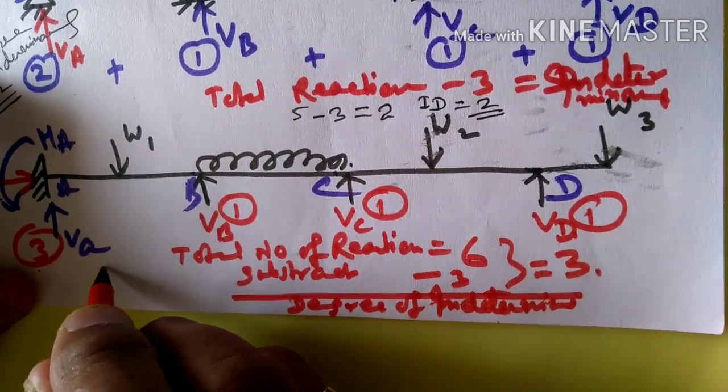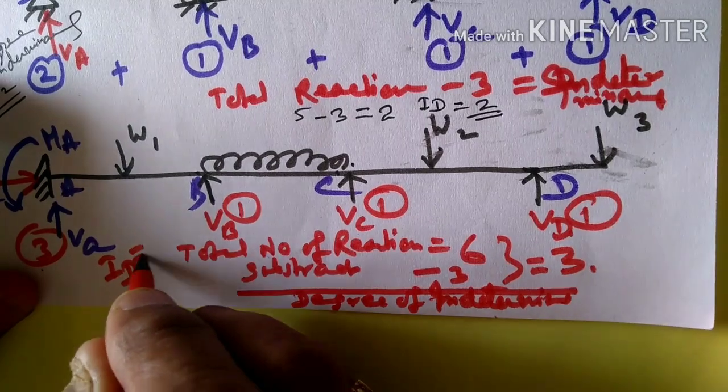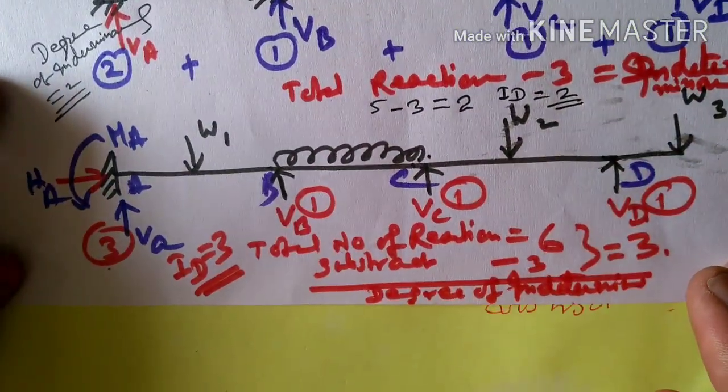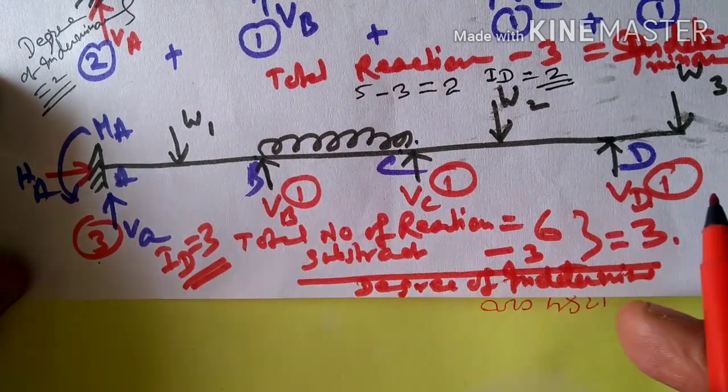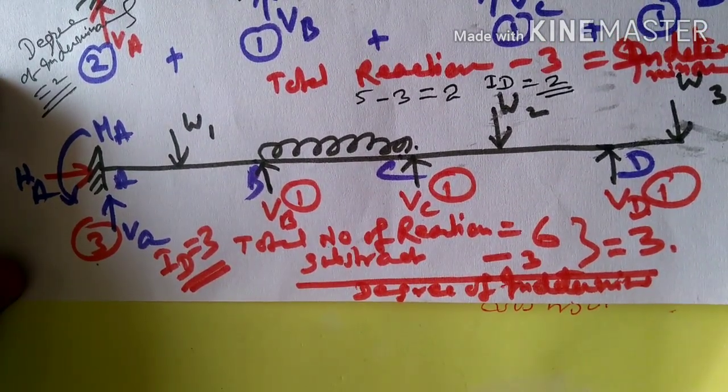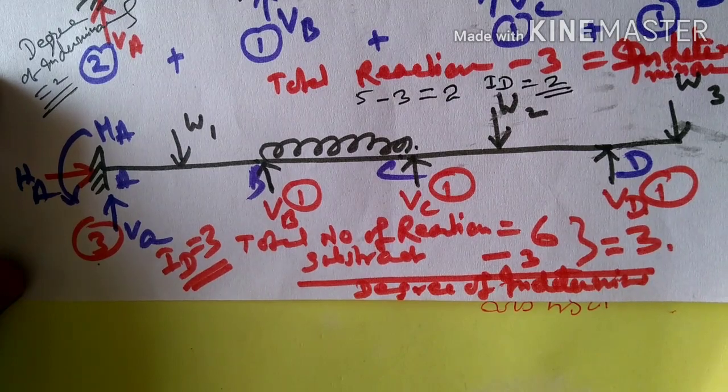So here ID, which means degree of static indeterminacy, is 3 for these structures. Next, I will see the static indeterminacy for the framed structures.